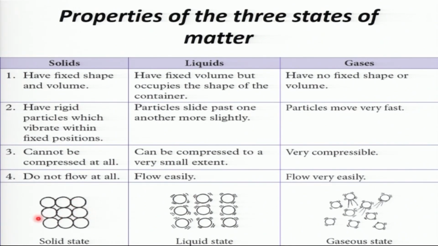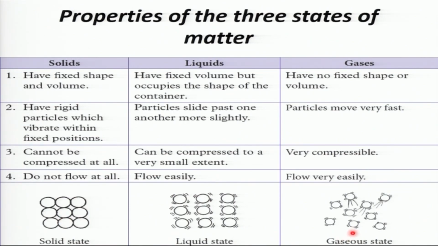I take these circular shapes to be the particles. When you look at these particles, they are quite close to one another, right? But look at the particles in a liquid: they are a bit far from one another. The distance is a bit greater compared with that of the solid. Is it clear?